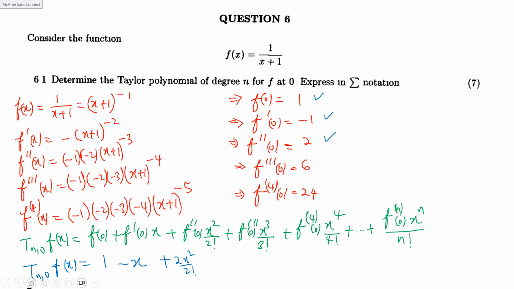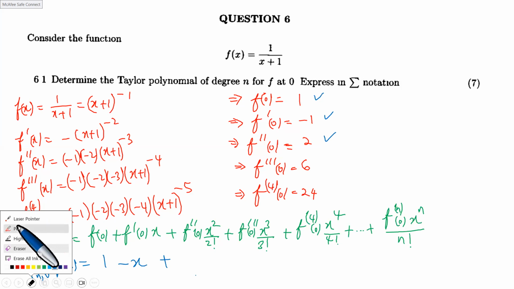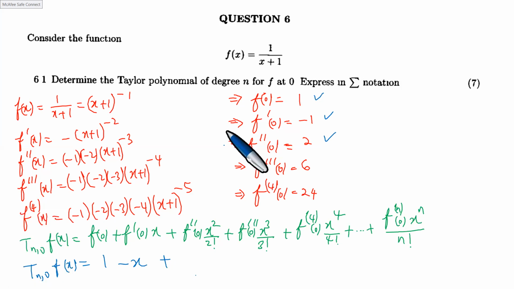Okay, let me write a nice one. Then it simplifies automatically, because f double primed is 2, but 2 factorial is also 2. So this one you can just write as x squared. Right, f triple primed is 6, but 3 factorial is also 6. So that's x cubed. F quadruple primed is 24, but 4 factorial is also 24.